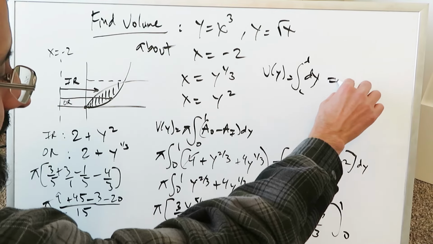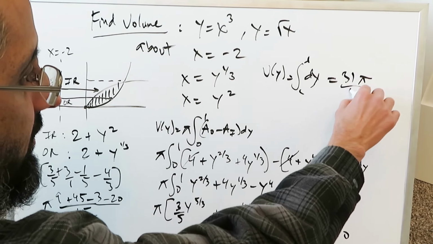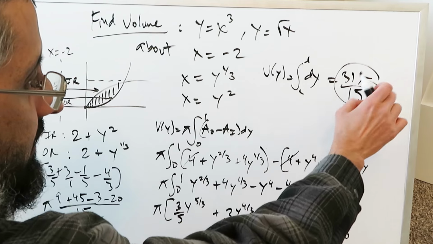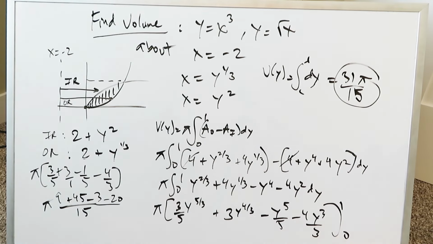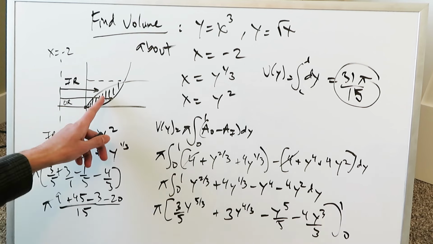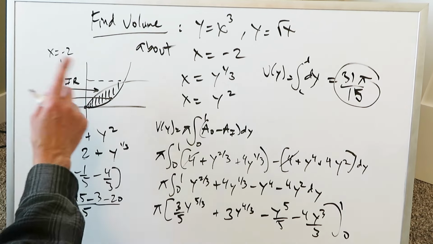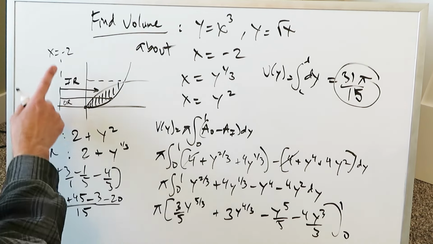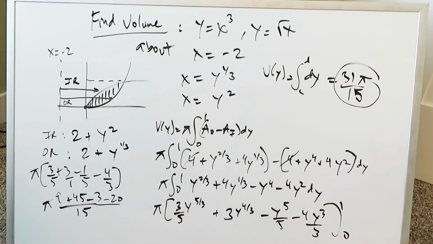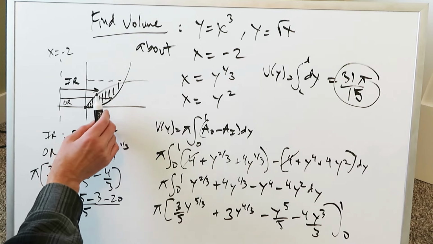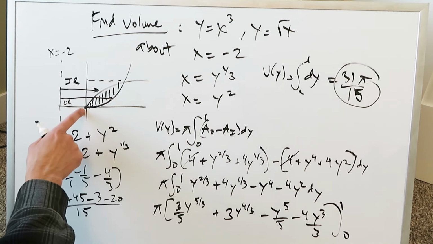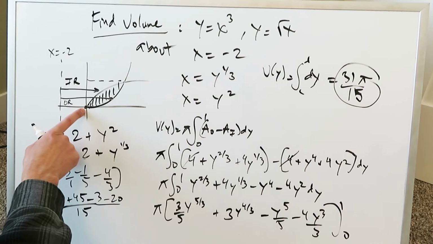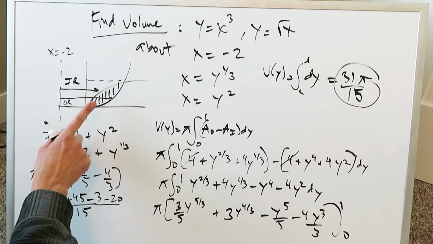Volume with respect to y here is 31 pi over 15, and that will be our answer, and it should be right. Let me just improve my writing over there. 31 pi over 15 will represent the volume of this solid as it rotates around this. Now, is this a solid of revolution or a solid of rotation? Well, as you saw, it looked like that bowl revolving around this x equals minus 2, because this specific point here does not stay put as everything else moves.